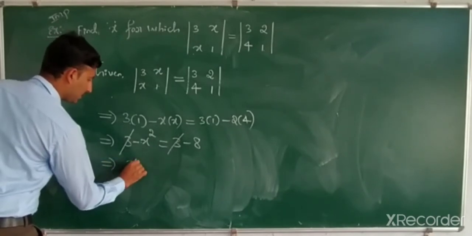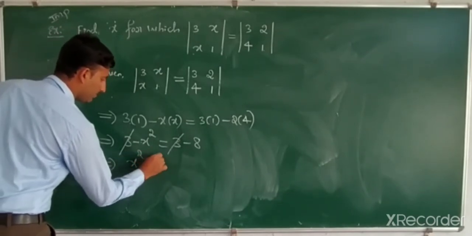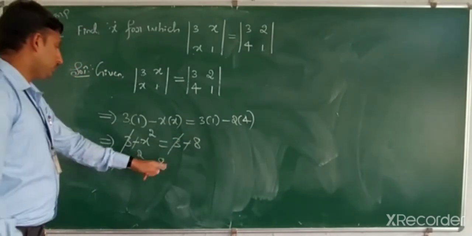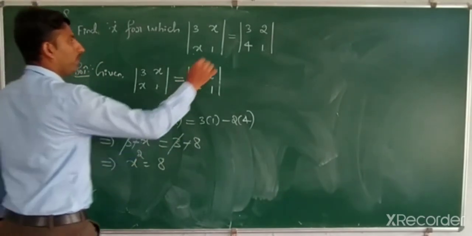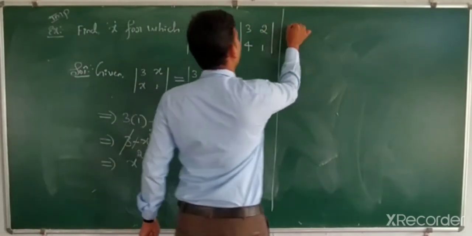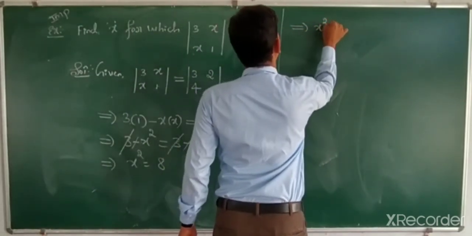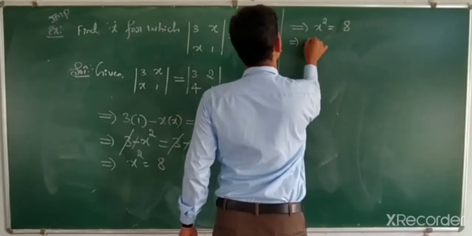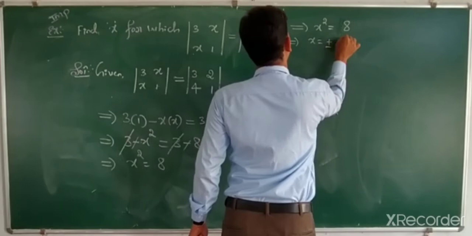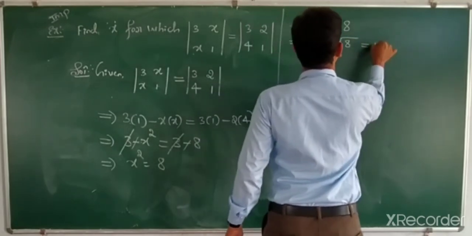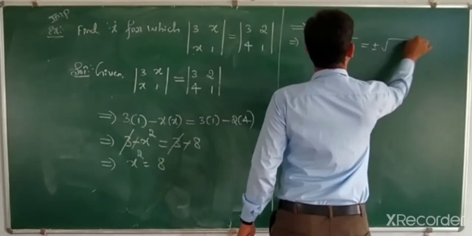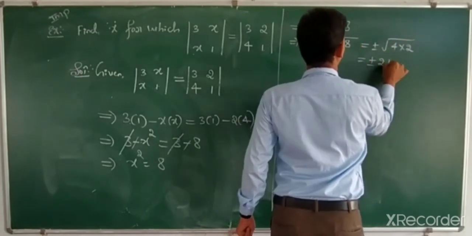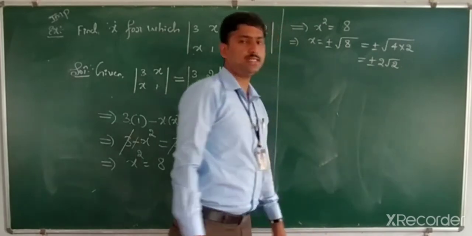Which implies x square is equal to 8. What is the value of x? x is equal to plus or minus root 8, which is plus or minus square root of 4 into 2, which is nothing but plus or minus 2 root 2.